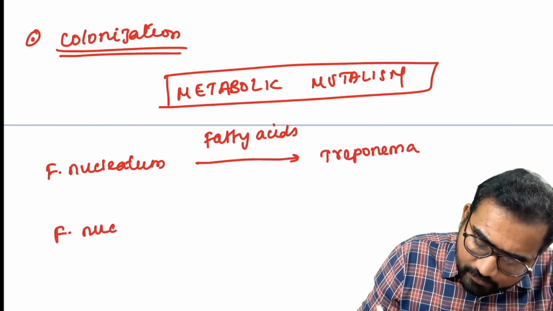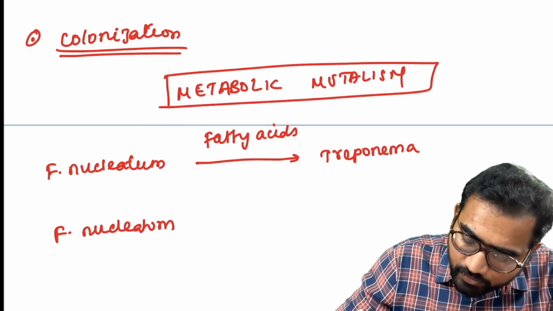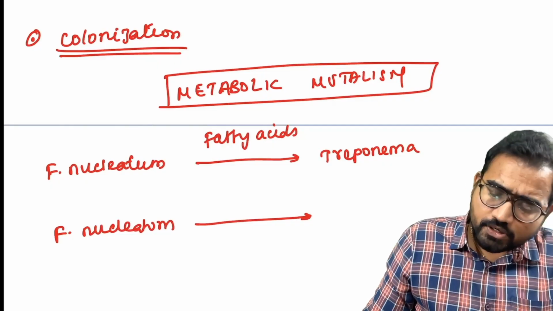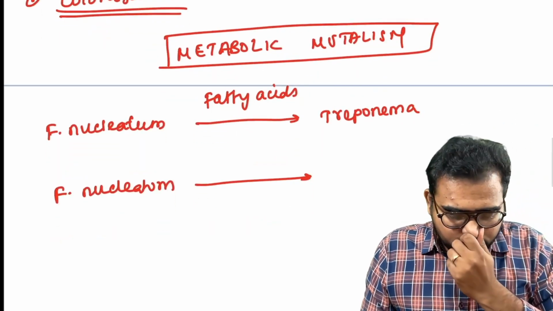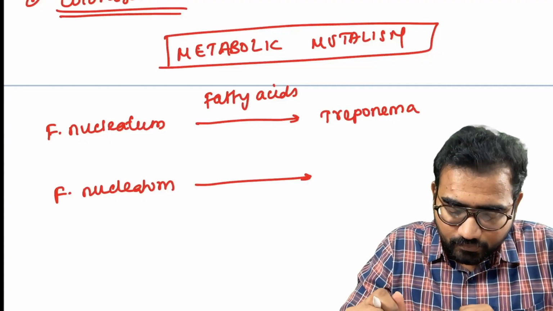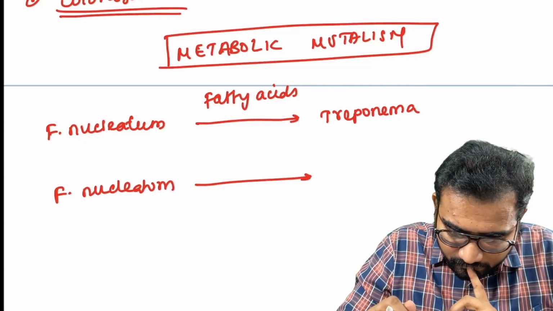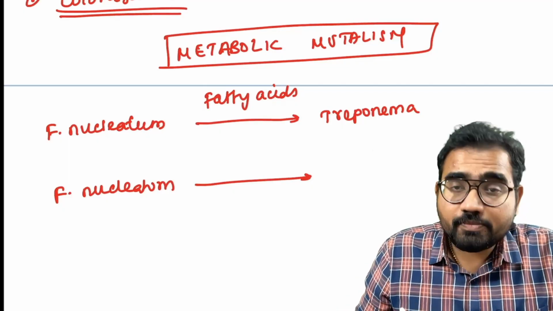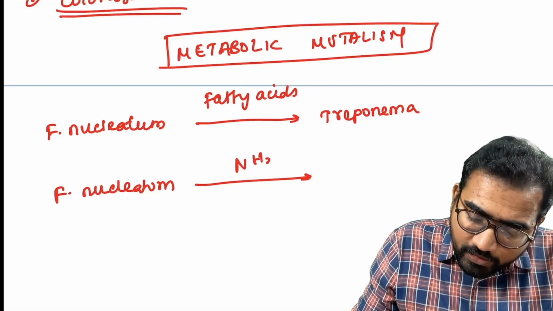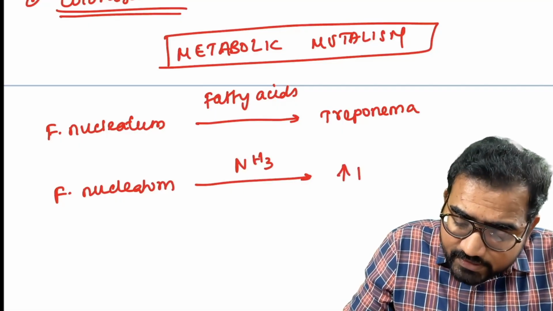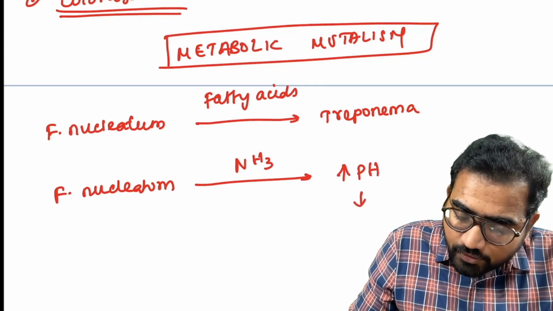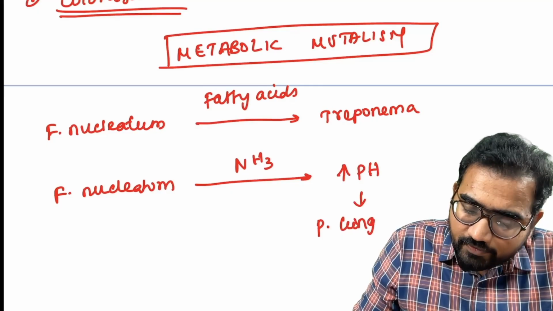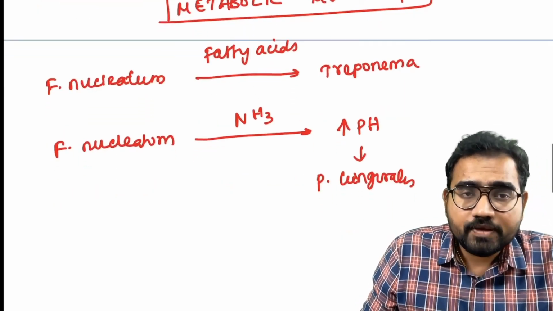Fusobacterium nucleatum also produces ammonia, which increases the pH, and it favors the growth of Porphyromonas gingivalis.